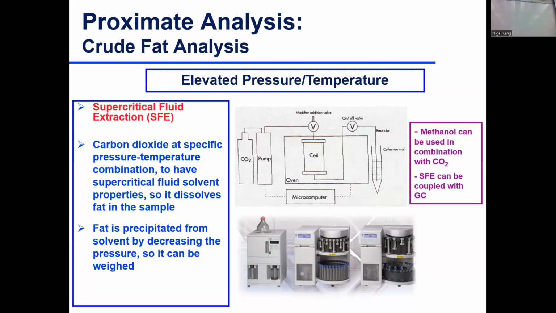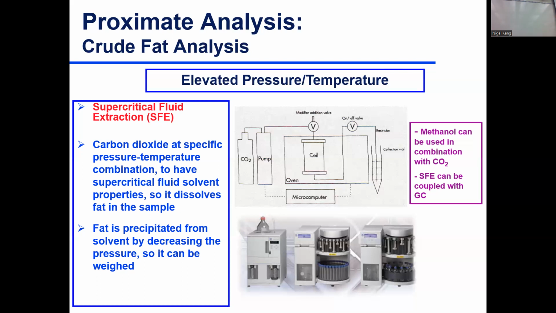Here is the point. With supercritical fluid extraction, we use CO2, which is a gas, but we apply high pressure and temperature. So under that high pressure and temperature, CO2 converts to a fluid. It's not a gas anymore.